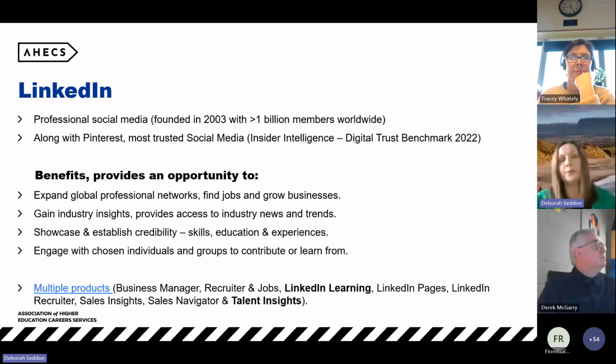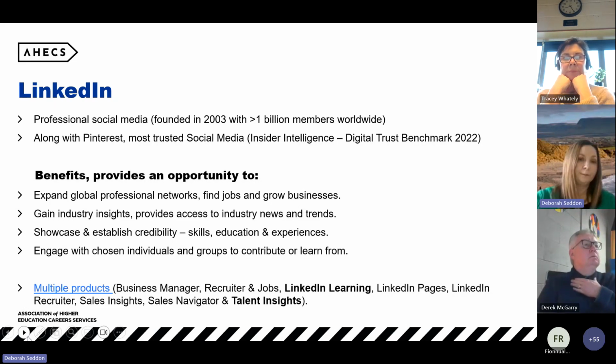A lot of those products are business related products which have a cost attached to them, and they would be products that recruiters would use to help maximise their recruitment and selection processes. But we are going to have a look at an aspect of the talent insights, which is the spotlight, in a few minutes, and then I'll progress onto LinkedIn Learning subsequently.